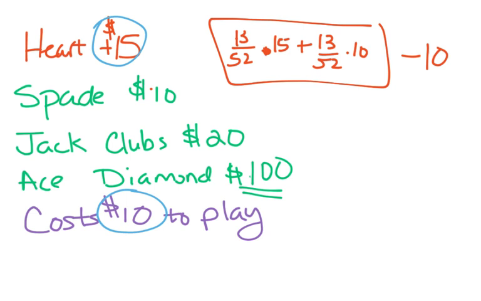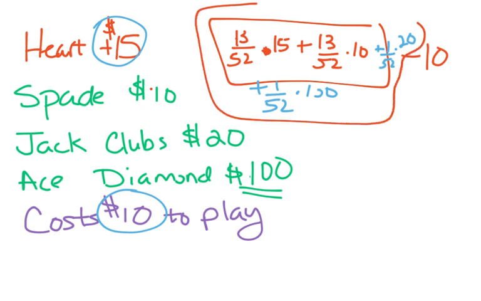The jack of clubs, there's only one jack of clubs, so 1 out of 52 times 20. And then there's one ace of diamonds, which is 1 out of 52 times $100. We're going to multiply this whole thing in a calculator, and since it costs us $10 to play, we can figure it out that way.